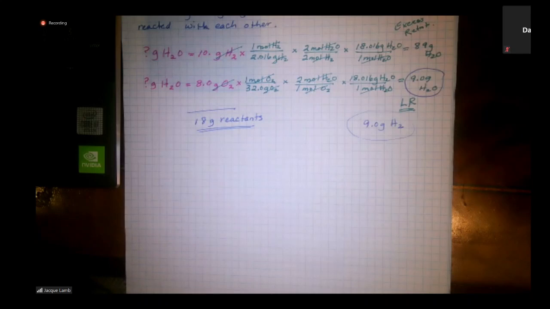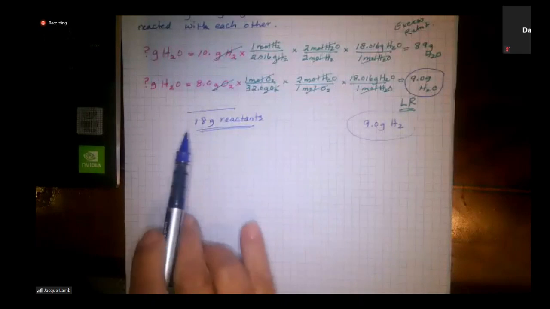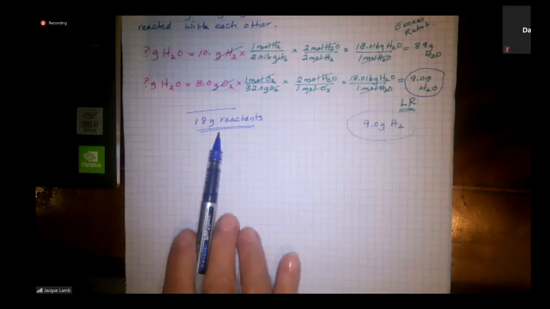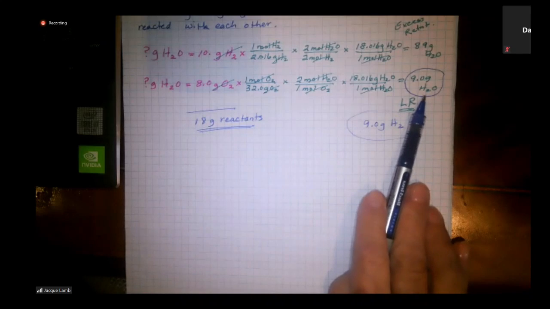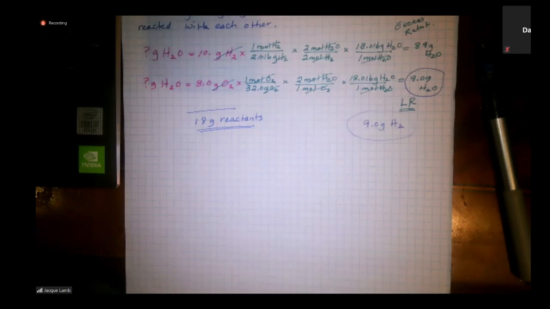But in this case, we really don't have to, because we know that we started with 18 grams of reactants, we formed 9 grams of product, so we must have 9 grams of hydrogen left over.